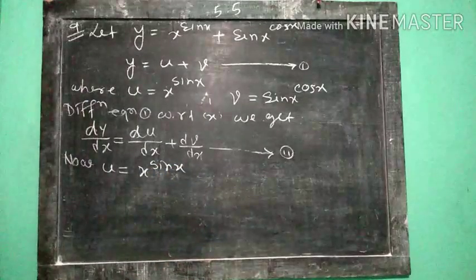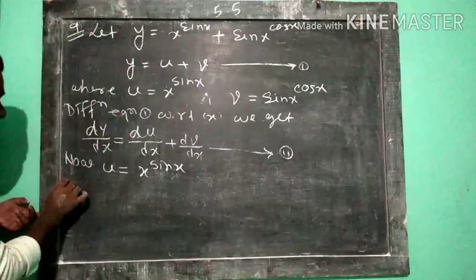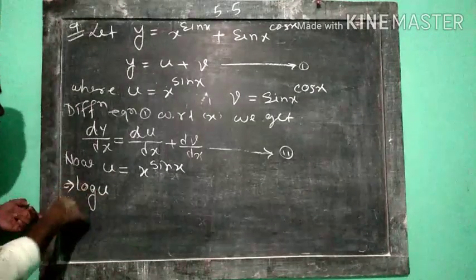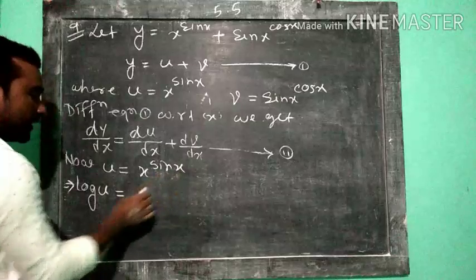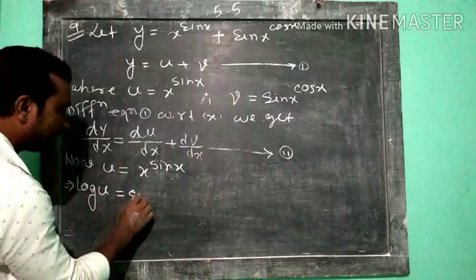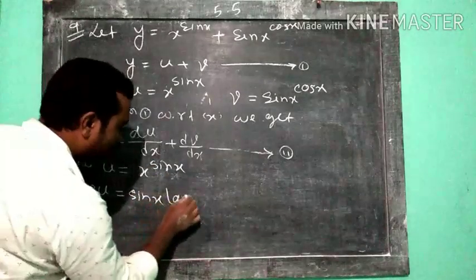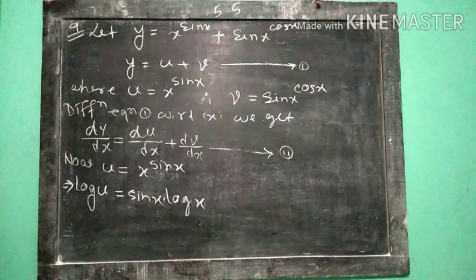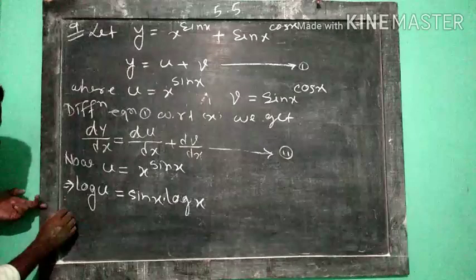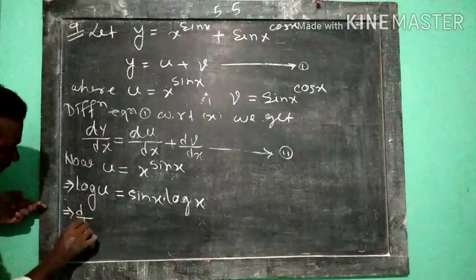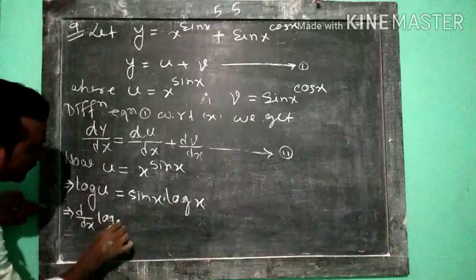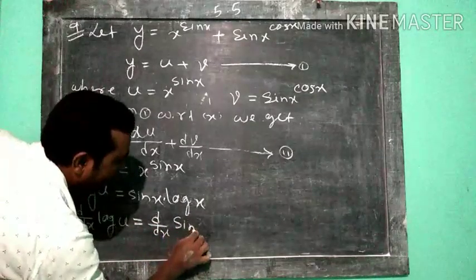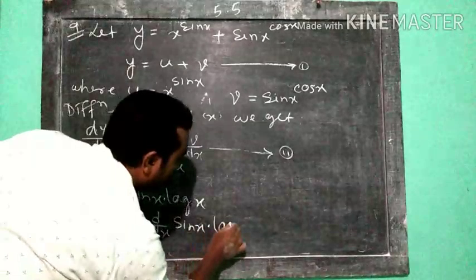Now taking logarithm on both sides, this is log of u. That implies log of u equal to, if we take log, then sin x comes out, sin x into log of x. So now differentiating this with respect to x, d/dx of log of u is equal to d/dx of sin x into log of x.